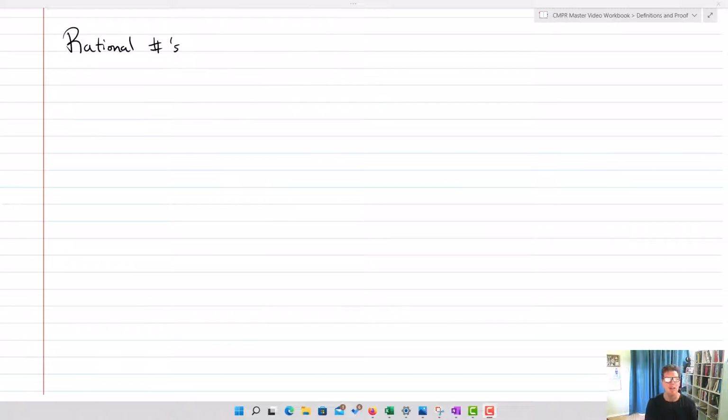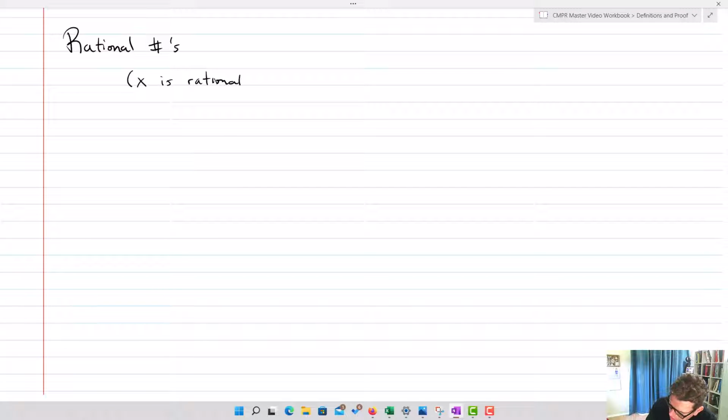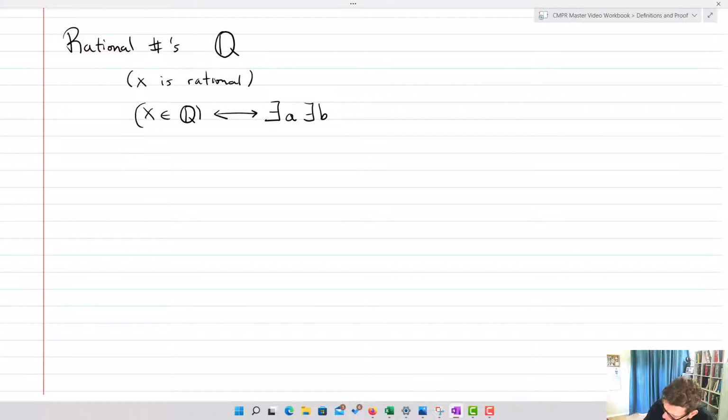The next definition I want to do is to define whether or not something is in fact a rational number. So what we're going to do here, and I'm going to write it in logic, is x is rational, or you know what, let's actually rewrite that utilizing our new notation. x belongs to the rationals, okay, if and only if there exists an a, and there exists a b, a and b both belonging to the integers.